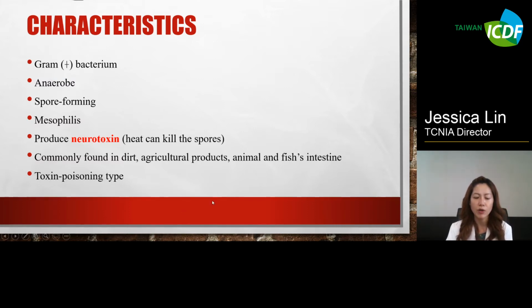So whenever we talk about heat treatments to kill the C-Bot, as long as you can heat your food until the right temperature, then we can kill this neurotoxin, and therefore it will not cause any foodborne illness.